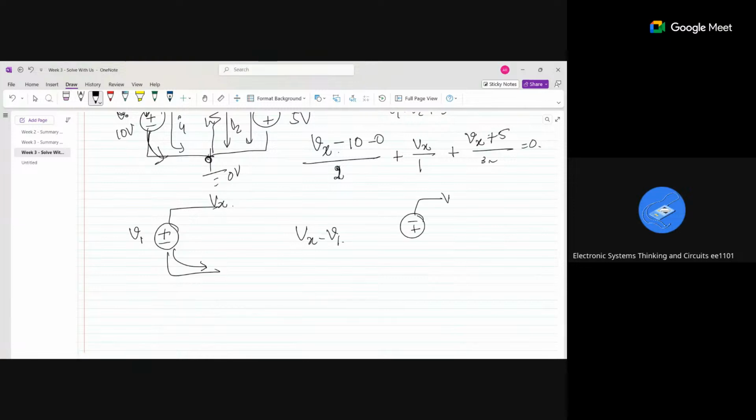Whereas if it is like this, it will be Vx plus V2. This notation is used for KCL.